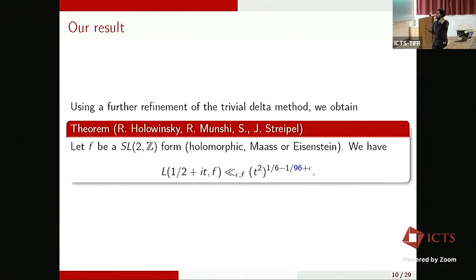We will use some refinement of the trivial delta method and get an improvement over the Weyl bound for GL2 in the T aspect. Here F can be a holomorphic Maass form or just the Eisenstein series.